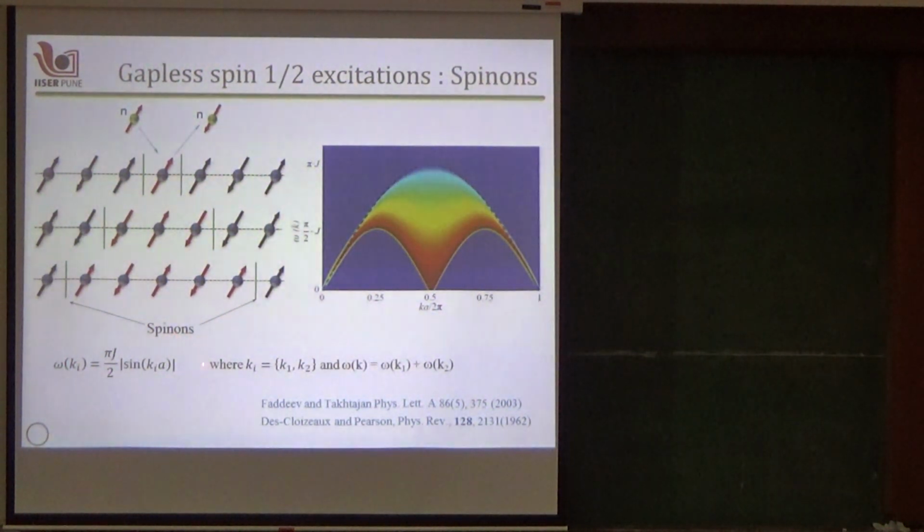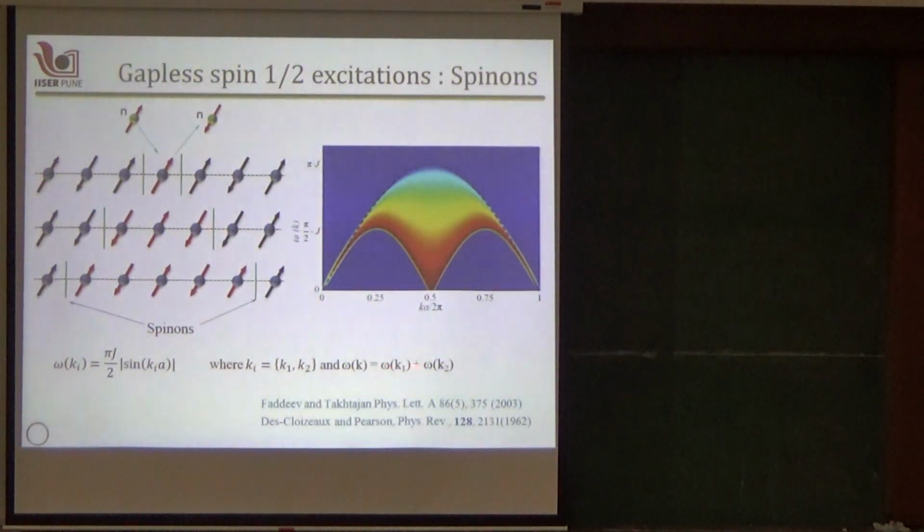So this is the form of the excitations, which was worked out by des Cloizeaux and Pearson as early as 1962. But this dispersion, as a dispersion of spinons, of spin half particles, was interpreted by Faddeev and Takhtajan in 2003.